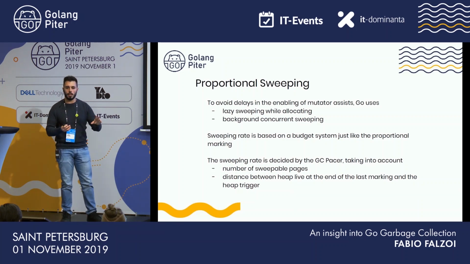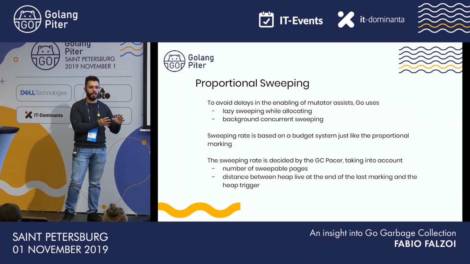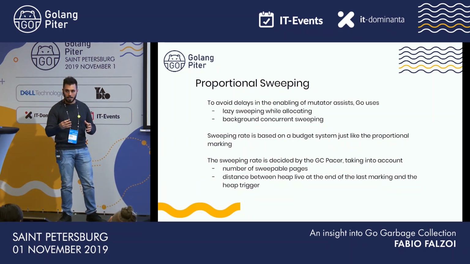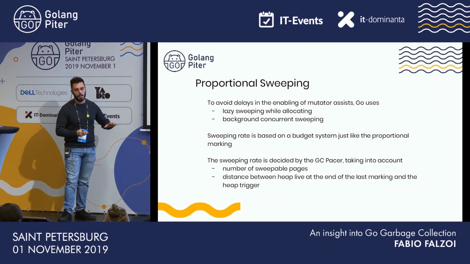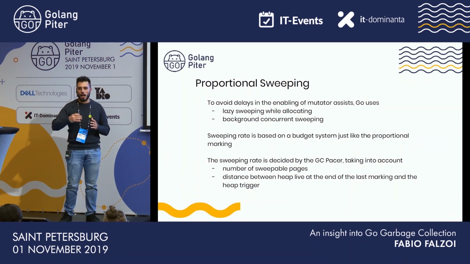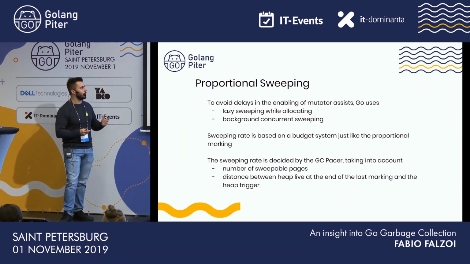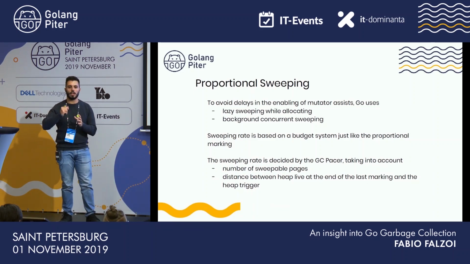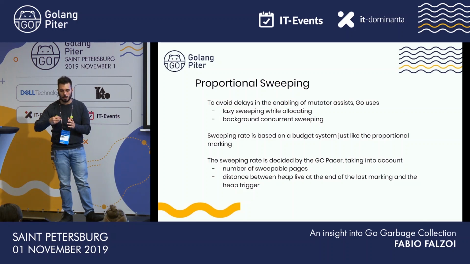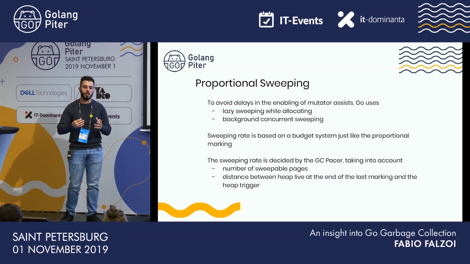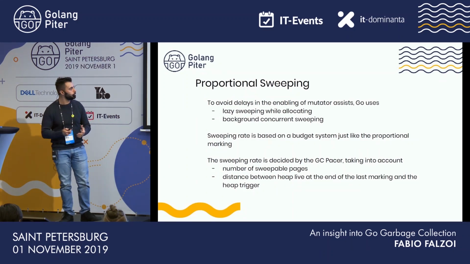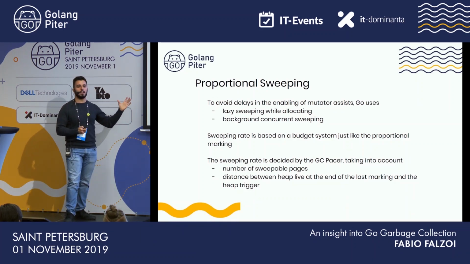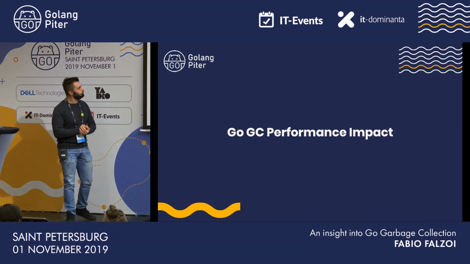Just like we have proportional marking with goroutines dedicated to background marking and mark assist, here we have proportional sweeping. We have goroutines that do the background and concurrent sweeping when they are idle, and also we have lazy sweeping. When a goroutine tries to allocate, if there are unswept spans, the goroutines are asked to sweep the span. And the pacing of the sweeping rate is again decided by the pacing algorithm.